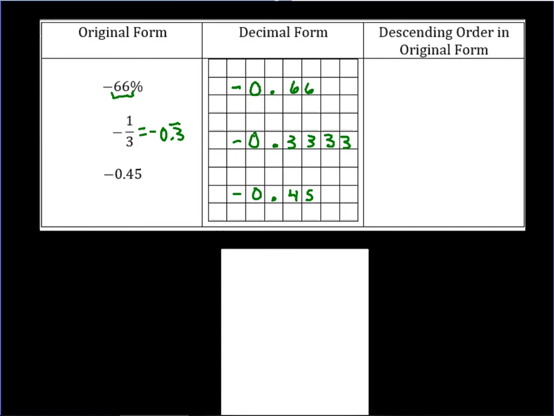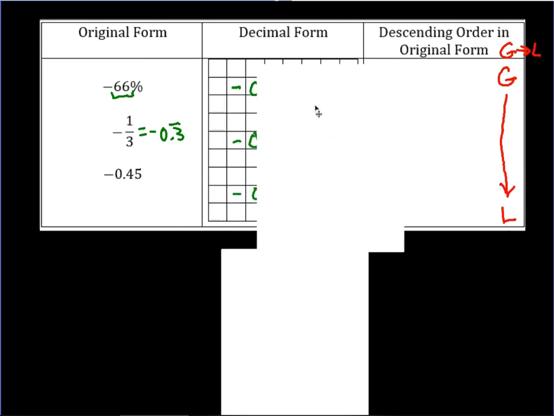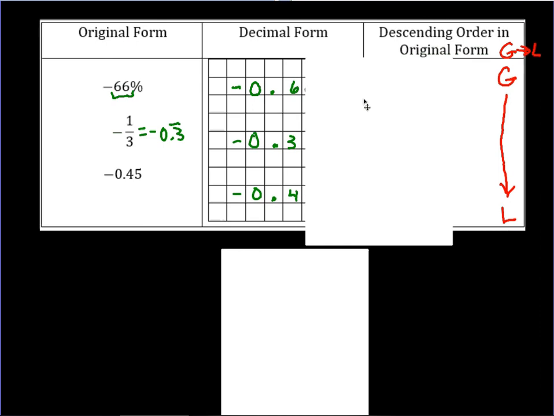So now it says in descending order. So we're going from greatest to least. Make sure that you're being very careful as you line up your columns. All right, so I'm going to line them up. Where would these be on a number line?